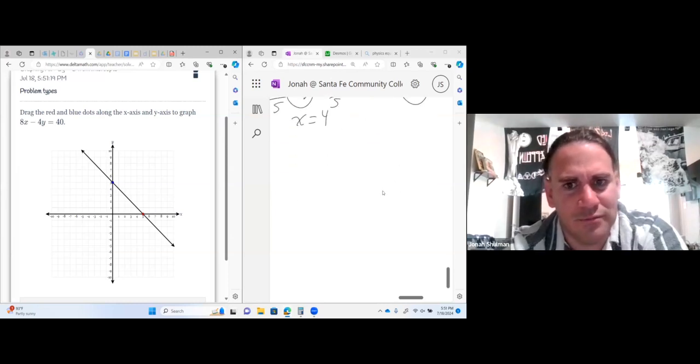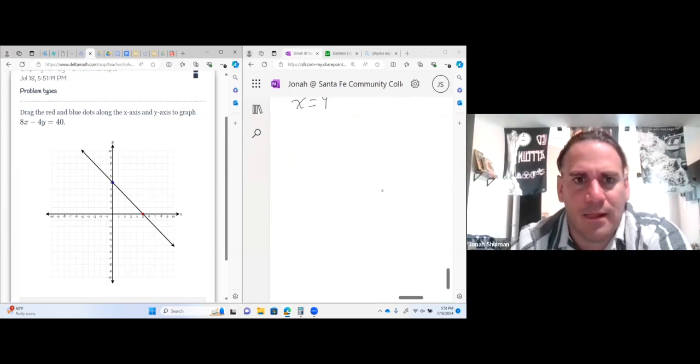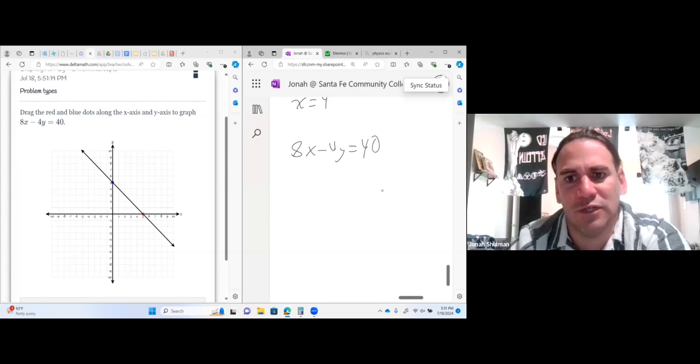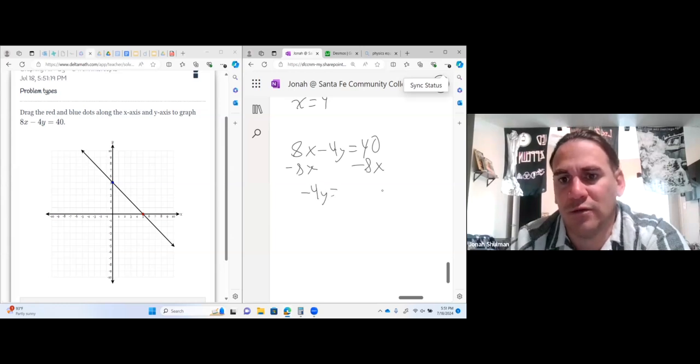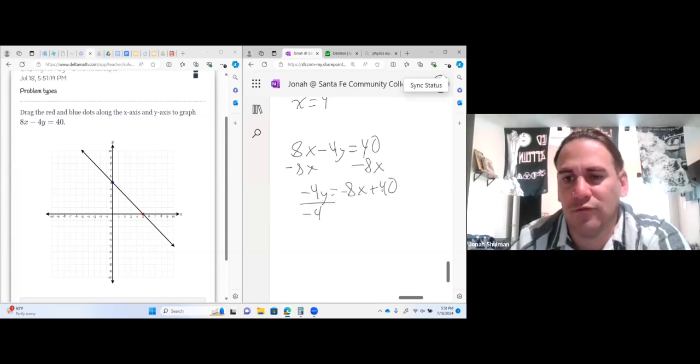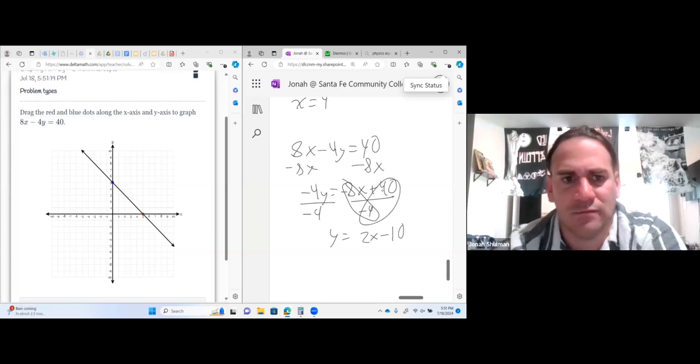Okay, so here we go. 8x minus 4y equals 40. Let's just do it how I'd normally do it. I'm going to subtract 8x from both sides. I got -4y equals -8x plus 40. I'm going to divide by -4. I love it this way because it just gives me everything I need. 8 over 4 is a positive 2x. 40 over -4 is a -10.